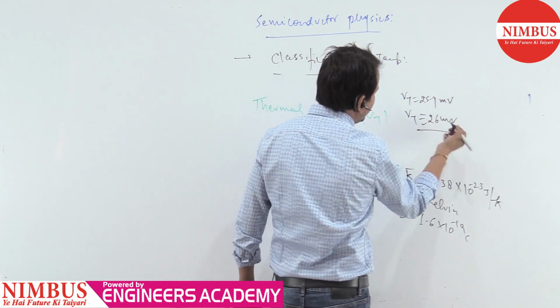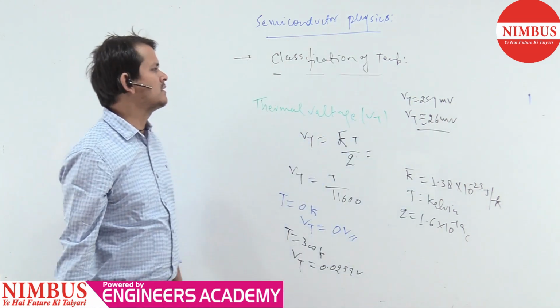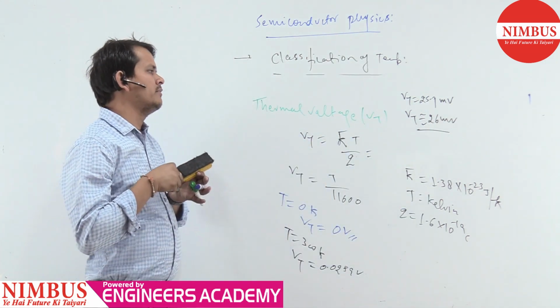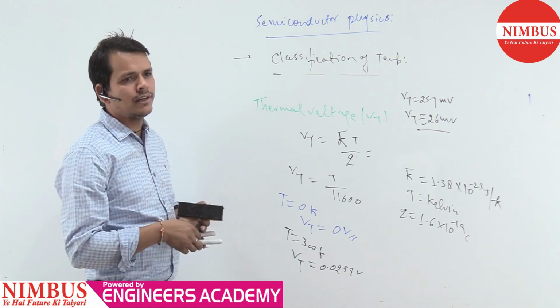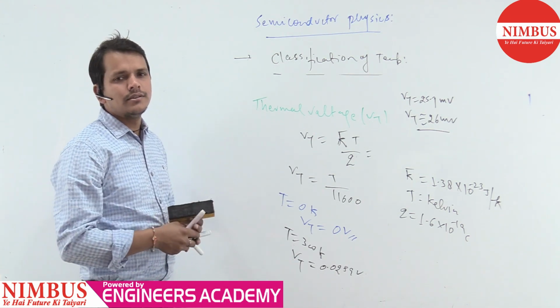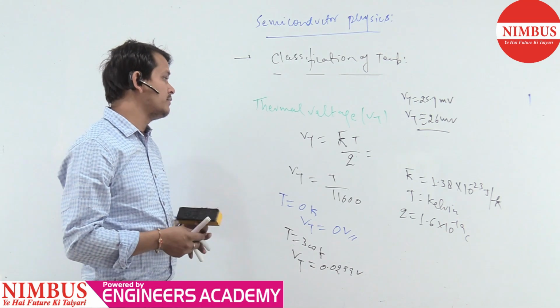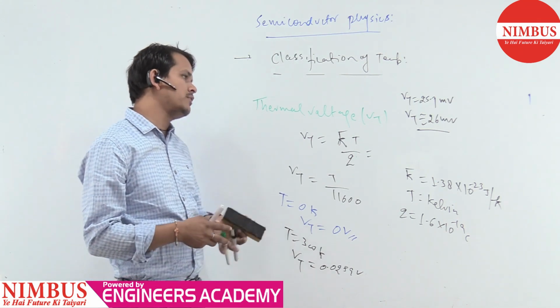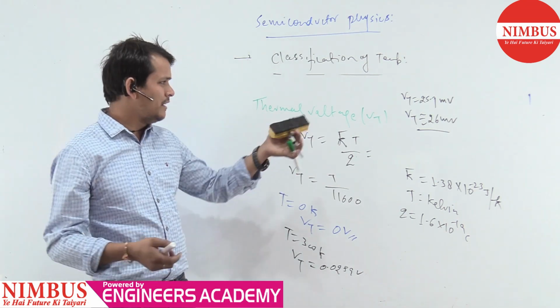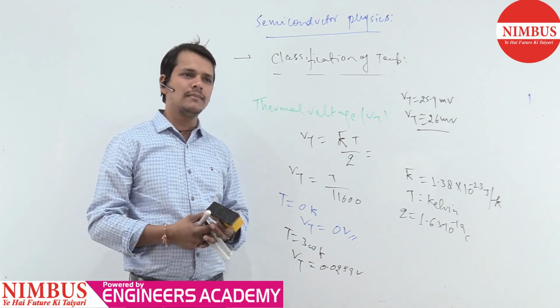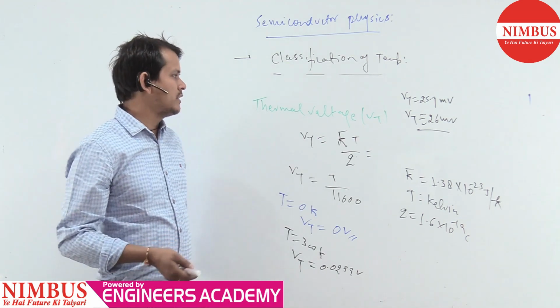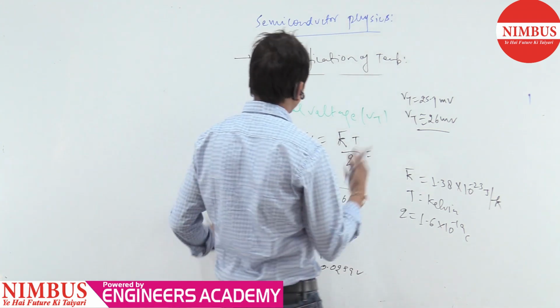So in analog electronics or EDC classes, generally I take Vt equal to 26 millivolt at room temperature when solving problems. Try to remember this Vt at room temperature, because we use it frequently.